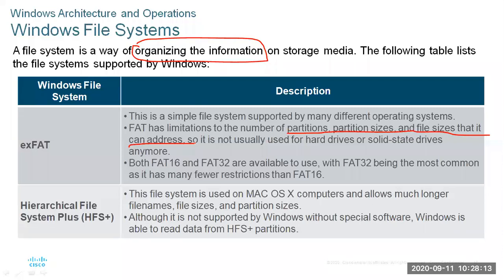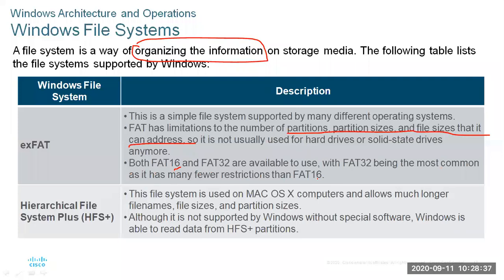Basically that's the major challenge that FAT has. It cannot house so much information, and it has a maximum capacity size that it can take. Both FAT16 and FAT32 are available to use, with FAT32 being the most common, and it has many fewer restrictions than FAT16.